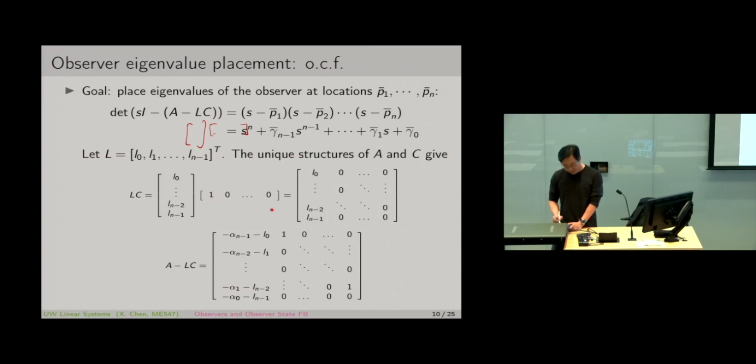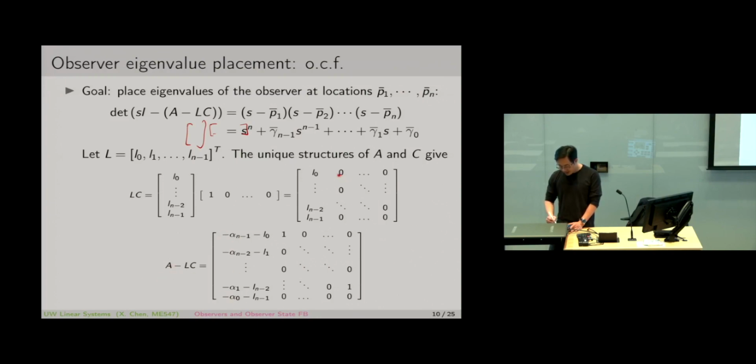Then in this product, only the first column has values. All the remaining columns will be 0 after this vector product. Remember, the dynamics of A in the observable canonical form comes from only the first column of the A matrix.